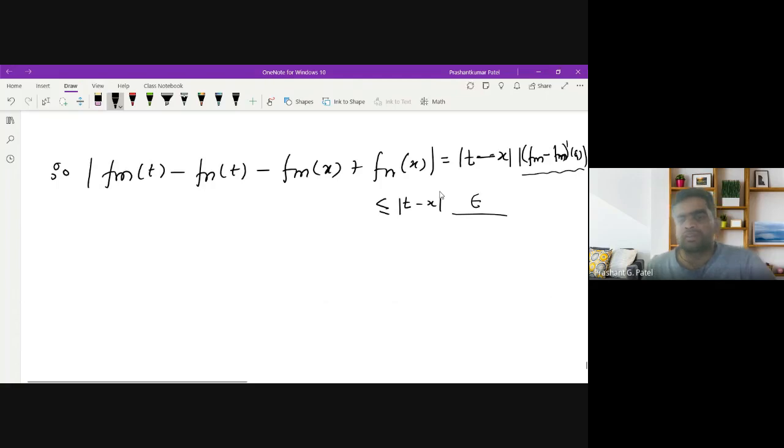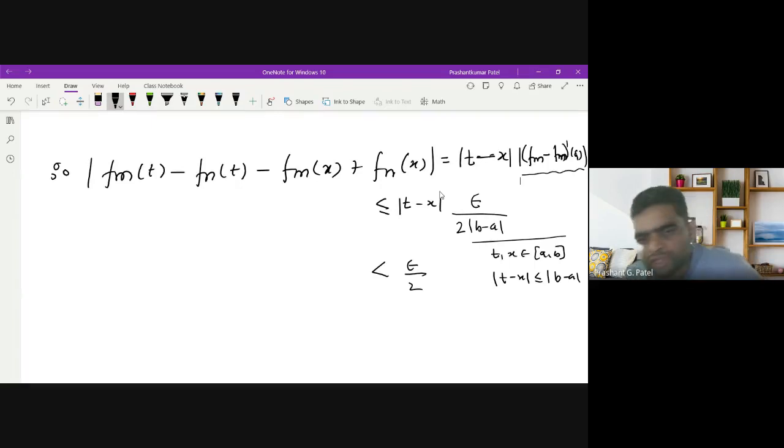Since this is t minus x and t and x both belong to [a, b], I can say |t - x| is less than or equal to |b - a|. So if I want this to be less than epsilon by 2, then this has to be 2 times (b - a). Then |t - x| upon (b - a) is less than or equal to 1.